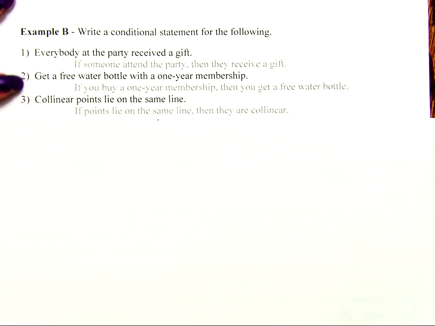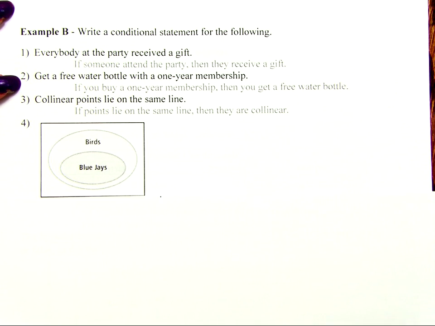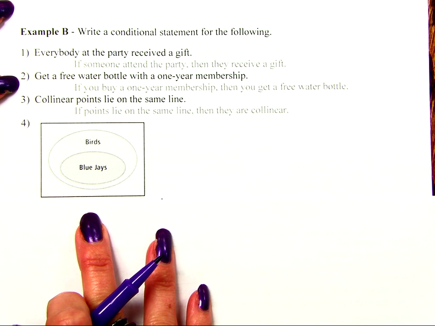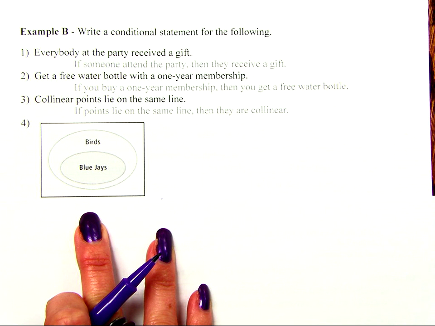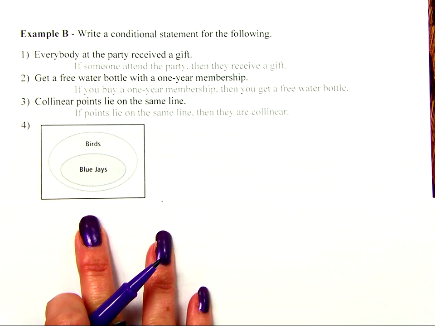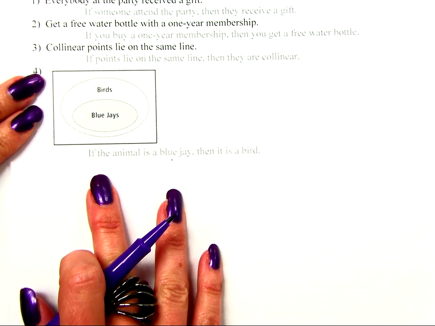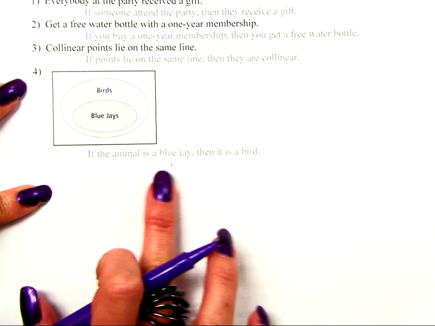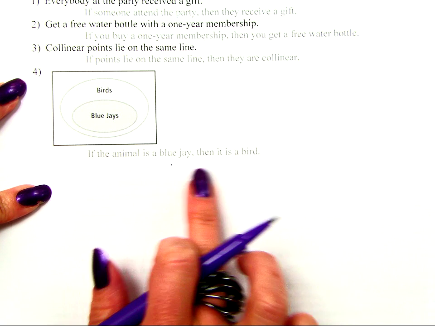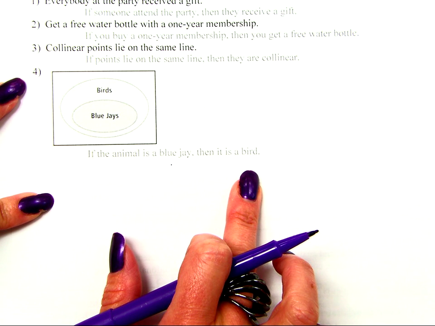Sometimes we may be given a Venn diagram, and if you remember from page 1, if I think about writing my if-then statement, in order for this to make sense, we would have to say if the animal is a blue jay, then it is a bird, right?